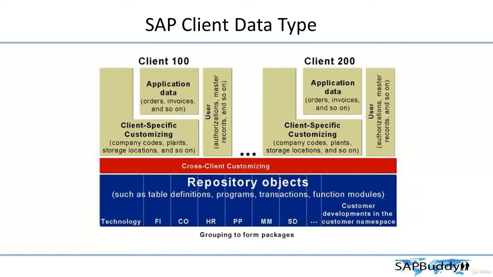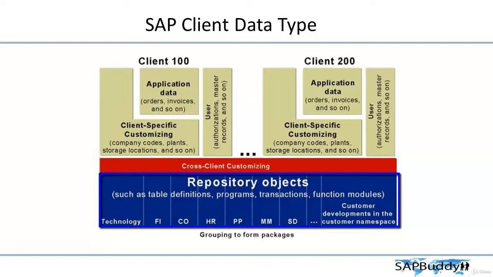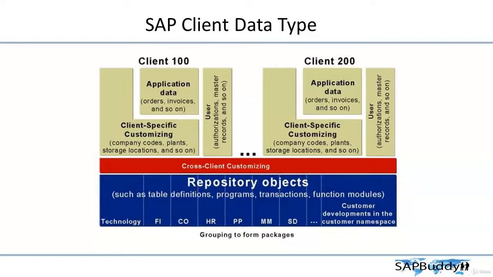The repository objects vary, and each module has its own repository objects. As well as technology, meaning all the Basis related stuff. We also have repository objects like different programs in Basis for database backup and other things you have seen, such as RFC creation.